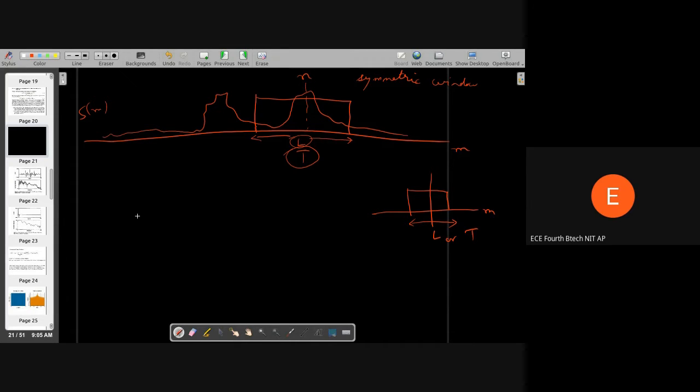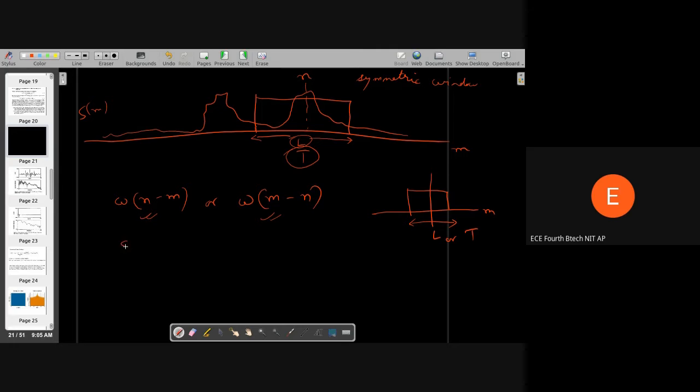If you revisit your basic signal processing, scaling and shifting of signals, because the window is symmetric, you can write it like this or like that. Both are the same. You can evaluate later. You can write it as m minus n or n minus m, whatever.